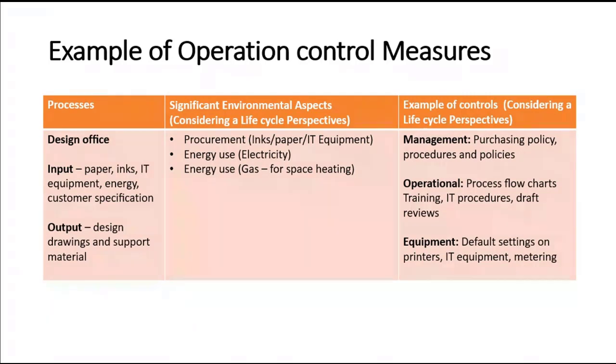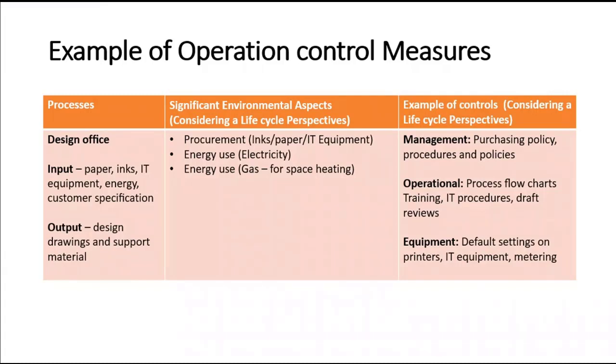The paper, ink, IT equipment, energy, based on the customer's specification. And then what's the output? The design, drawing, and also the support material. For example, when you design a banner, you not only provide a banner to the customer, but you also provide the material to hang the banner, to put up the banner. This is the support material.